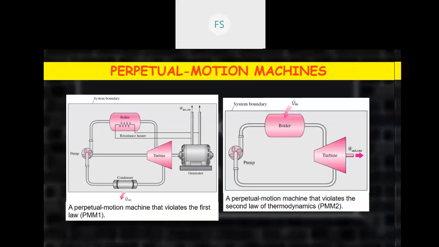Okay, here we have two figures that show the types of perpetual motion machine. On the left side, it is PPM1, a machine that violates the first law of thermodynamics. Why does this system violate the first law?